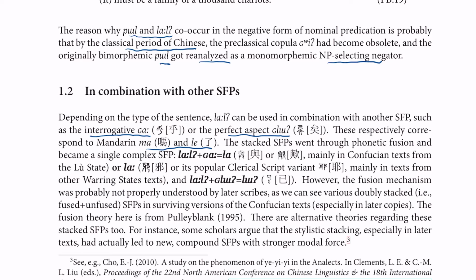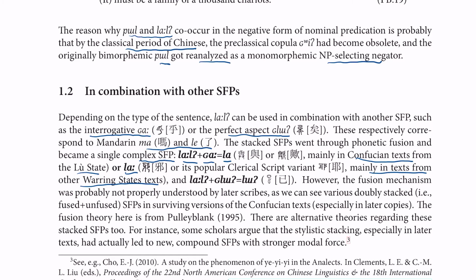And the stacked sentence final particles went through phonetic fusion, so lao plus ga became la, or la with a longer vowel. So la with a shorter vowel mainly occurred in Confucian texts from the Lu state, whereas the version with a longer vowel, la, mainly occurs in texts from other Warring States. So that's the fusion of the assertive particle lao and the interrogative particle ga.